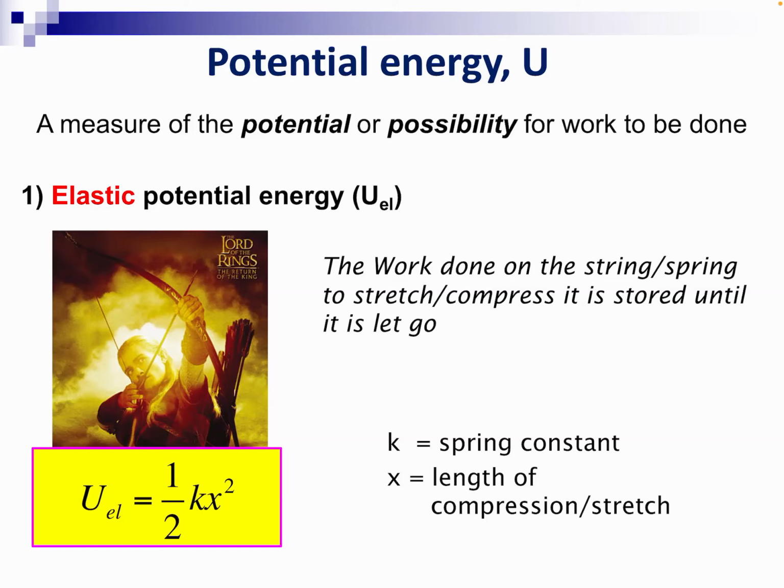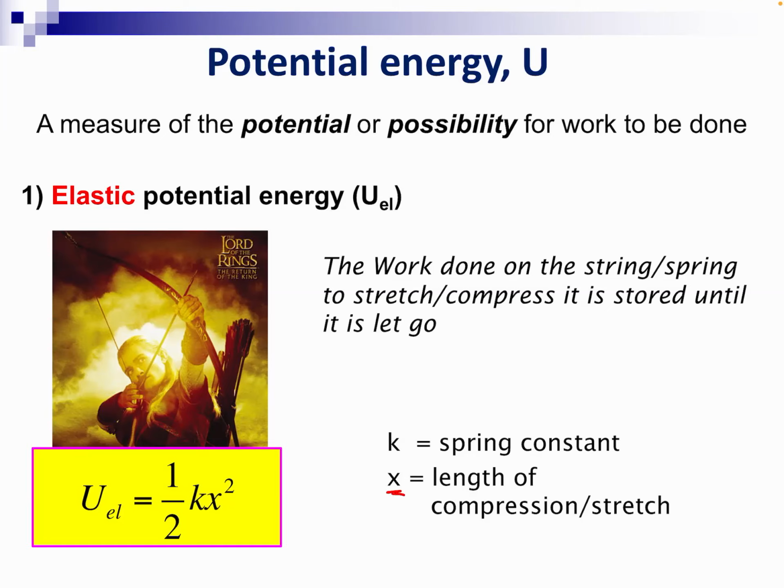So the equation for elastic potential energy is shown here. It depends on the length of the compression or stretch of the elastic band, or if it's a spring, you also have elastic potential energy if you're stretching a spring or compressing a spring.